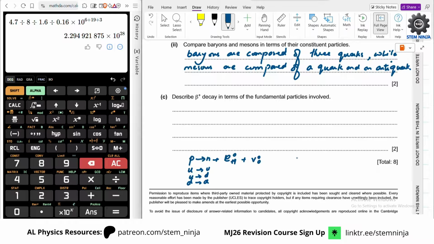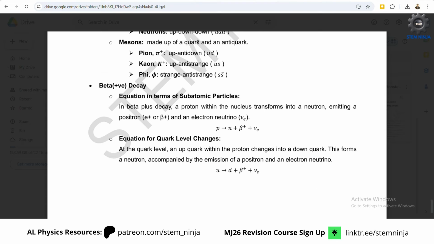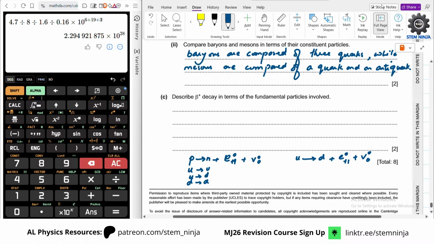So the basic change is that one up is converted into one down, plus one beta plus particle, plus one electron neutrino. And you can see this over here also in the same document, Definitions and Formulae booklet. The beta plus decay equation for quark level changes, up converts to down plus beta plus plus electron neutrino. So that's what we need to describe over here.